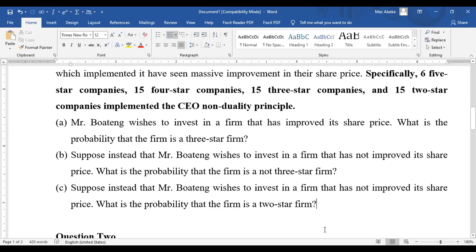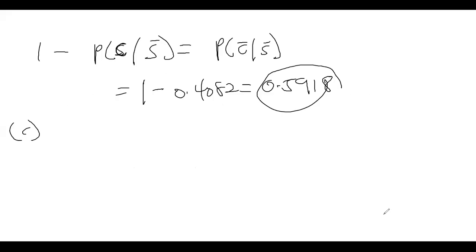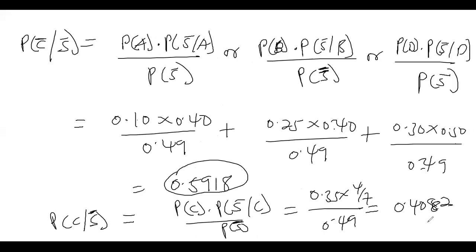We already know that the probability that the firm has not increased its share price is 0.49, which is the total possible outcome, because the firm might have not increased its share price, but it can either be a 5-star, 4-star, 3-star, or 2-star. But the question is asking, what's the probability that it is a 2-star firm? So essentially, we'll pick the 2-star firm term here to be the numerator. So essentially, the answer is this one here.